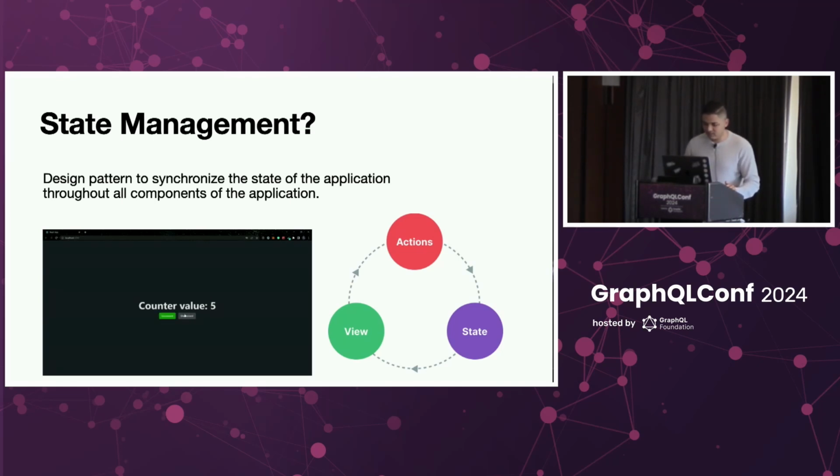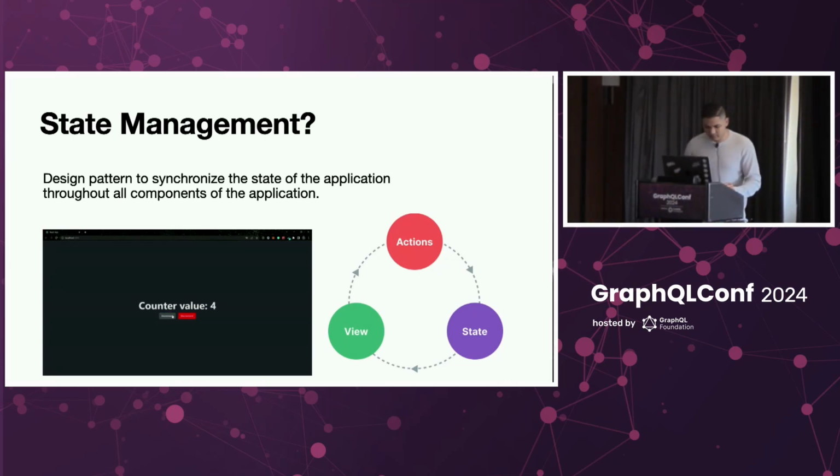State management is a pattern to synchronize the state of the application throughout all of the components of the application. It's designed to make it easy to handle data coming from the database, re-rendering components when necessary, caching, offline support, and provides a unified API for querying, mutating, and subscribing for data, with respect to performance, of course.